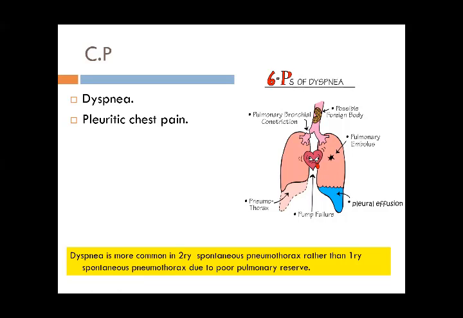These are the acute causes of dyspnea. Then there is pleural effusion. Heart failure, that is called pump failure, can compromise the heart. Then there is pneumothorax and pulmonary bronchial vasoconstriction, which at times can cause dyspnea as well. And then pleuritic chest pain can be there.